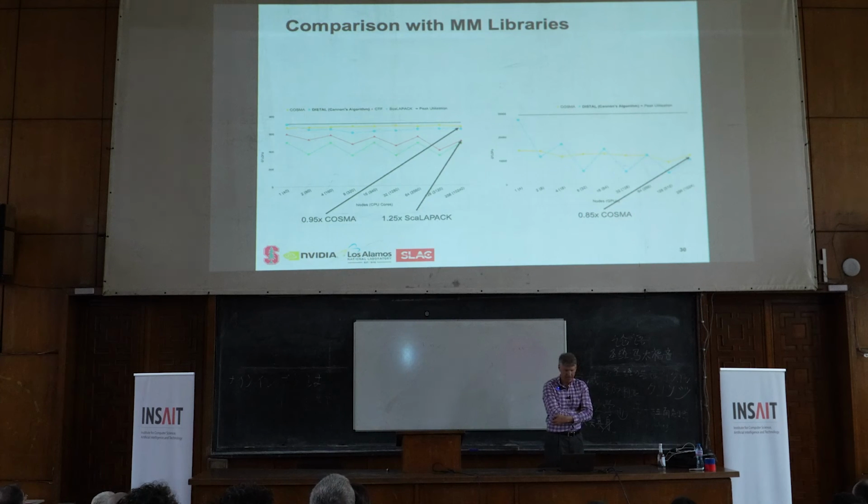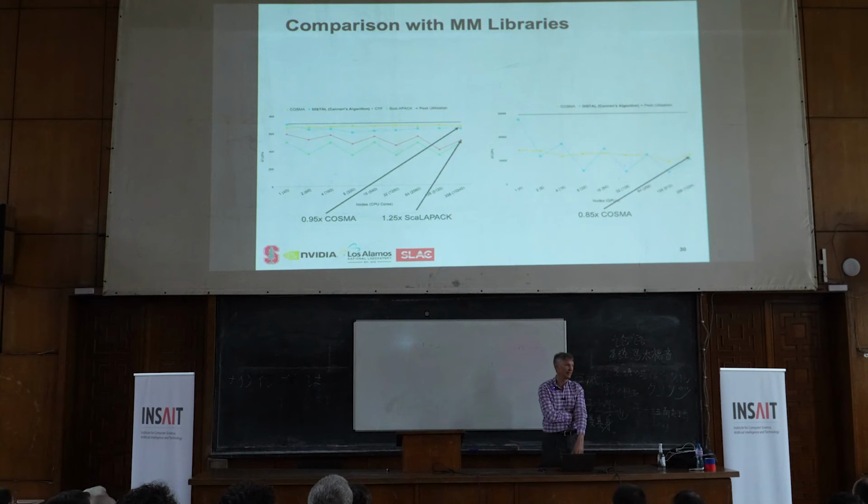ScaLAPACK is the standard library that everybody uses in practice, the industrial strength one, and we're about 25% faster than ScaLAPACK in these kinds of standard benchmarks. That's a CPU story, and there's a similar story on GPUs. You can see the COSMA performance here in the yellow line, and this is our Cannon's algorithm on the blue line. This sawtooth behavior is actually a property of Cannon's algorithm.